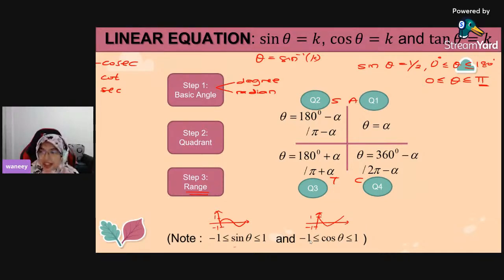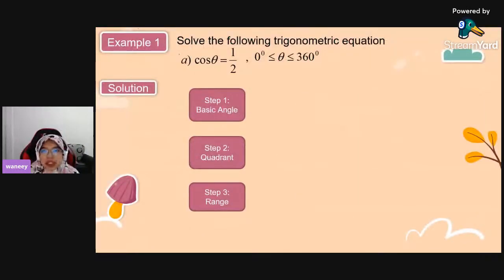Okay, so let's start then on how to solve. Let us go to the question and see how. The first one, solve the following trigonometric equation. So we have cos theta equal to half. This is our range: theta is in between 0 and 360. The first step, we have to find out what the basic angle is.